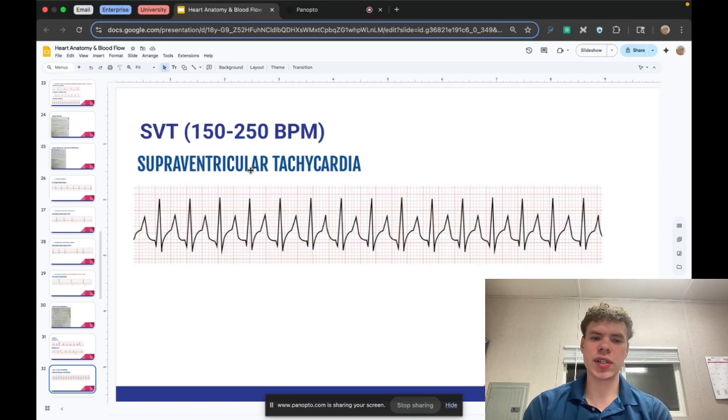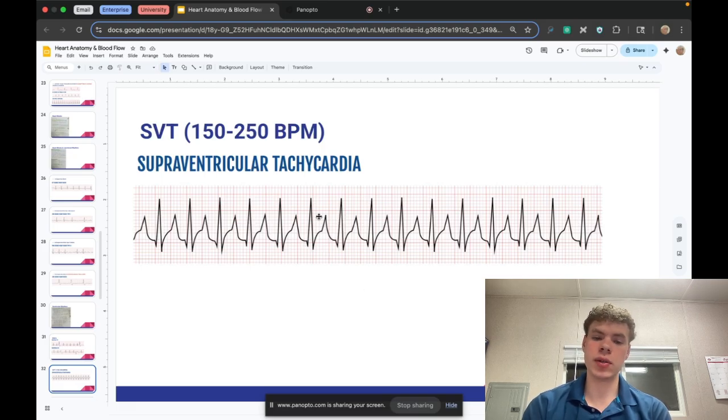And this is SVT, supraventricular tachycardia. So if someone has a really high heartbeat, say 200 beats per minute, you'll see this. And right here, it's just QRS, QRS, QRS, QRS. You can't really see the underlying rhythm here, so you don't know.